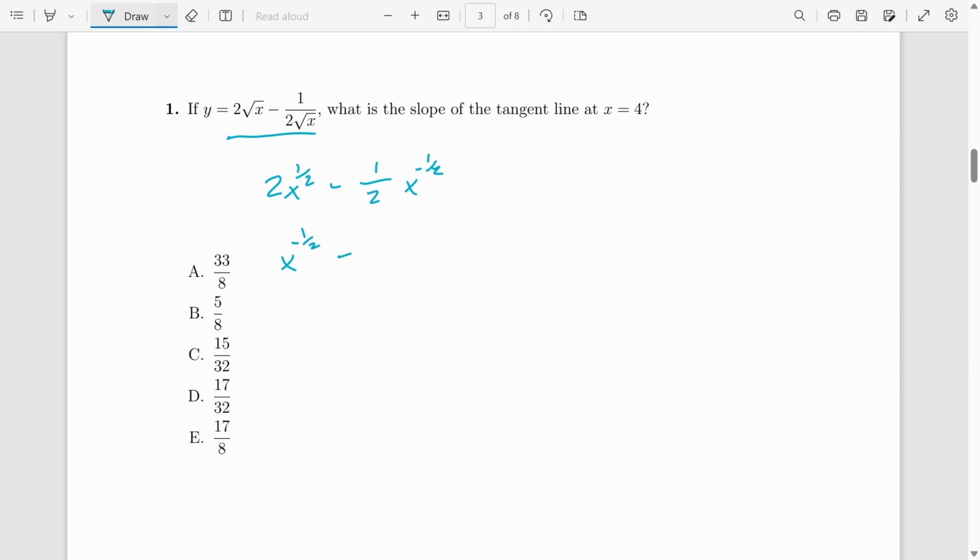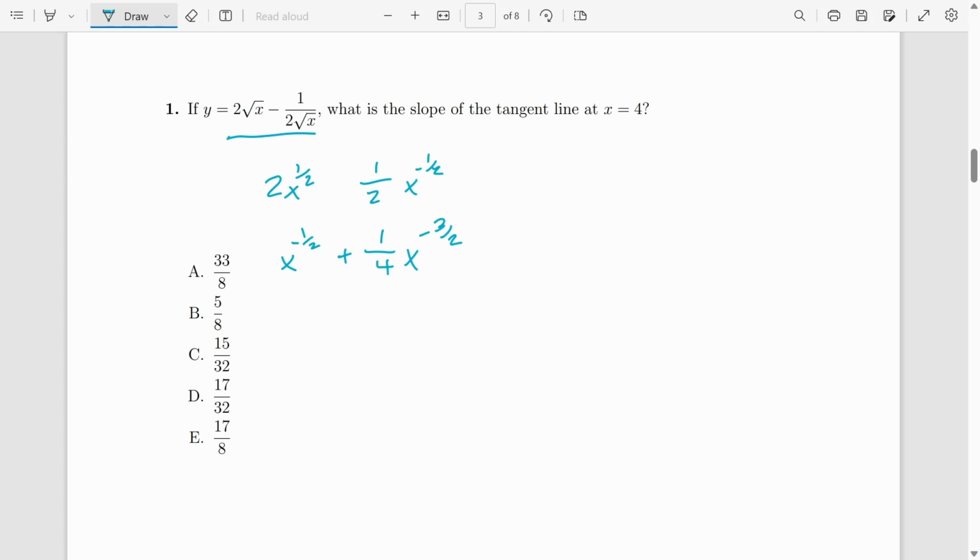Negative 1/2 times positive 1/2 equals 1/4, so minus 1/4. And that gets changed because it's a negative here and a negative here, so that's a positive, and then times x to the negative 3/2. So now we've taken the derivative.